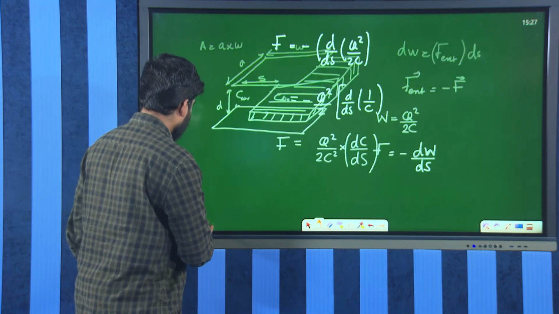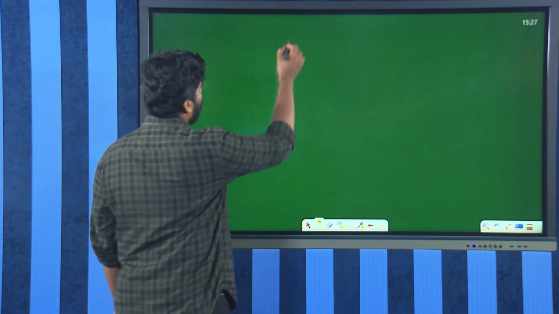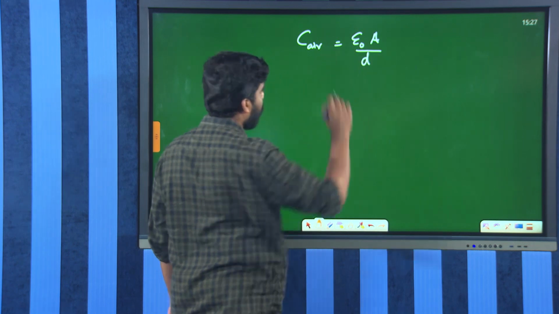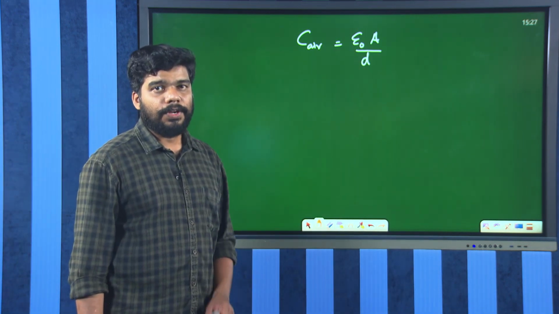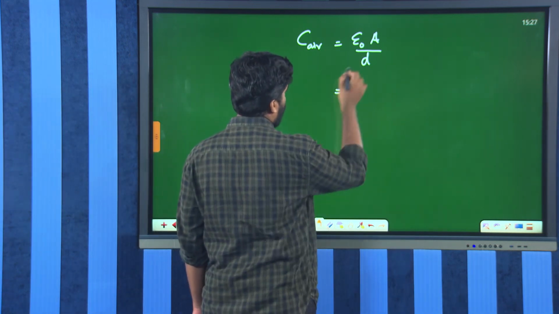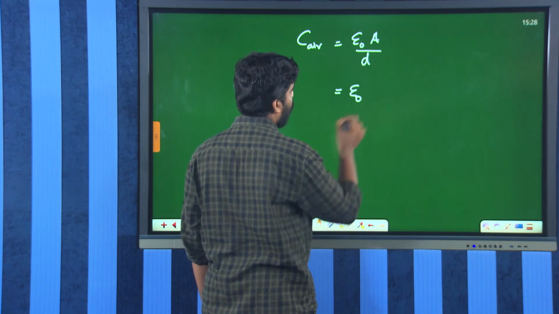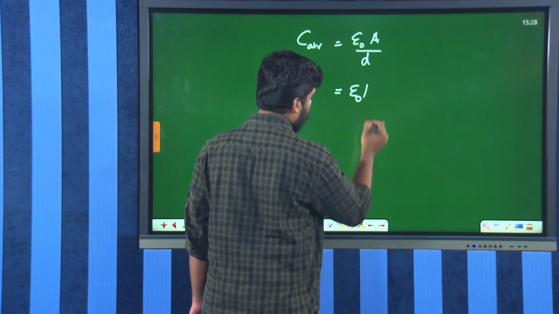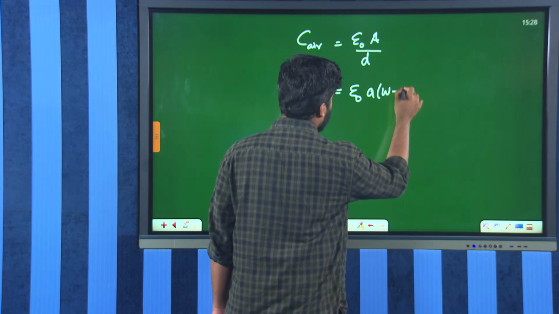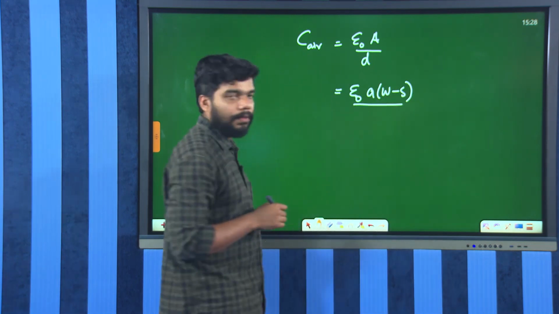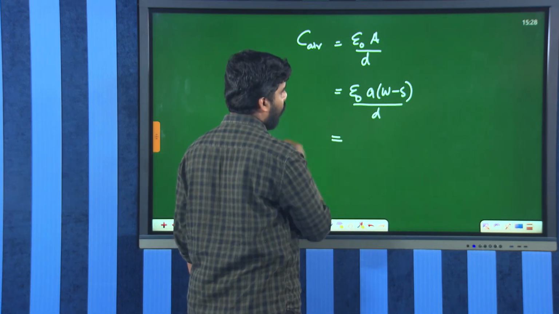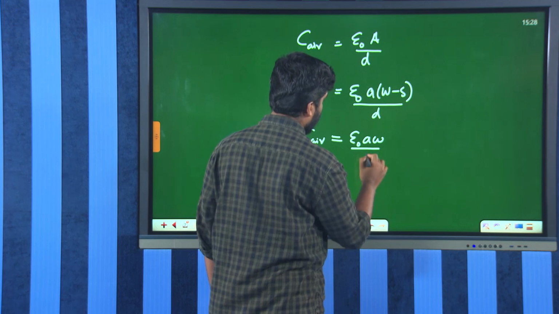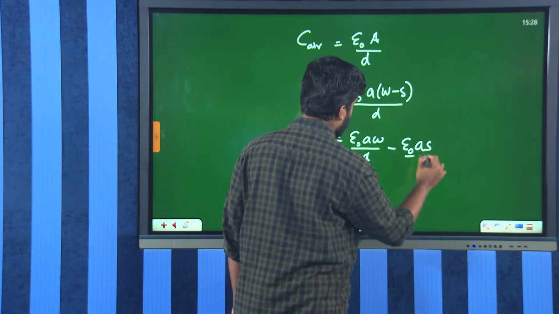So, we know that the capacitance of an air capacitor is given by C air = ε0 A/D. For the air part, I have to use a small letter a because it is the length, which is equal to ε0 a (W − S)/D. So, for the air this is equal to ε0 a W/D − ε0 a S/D.